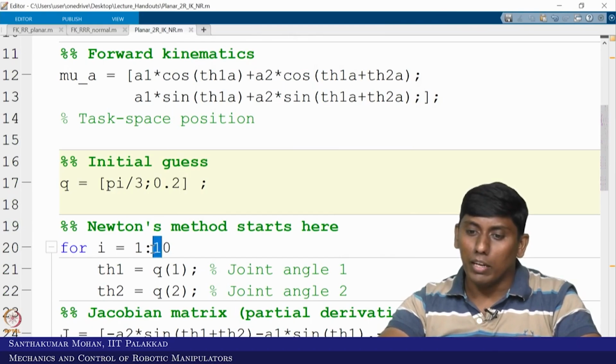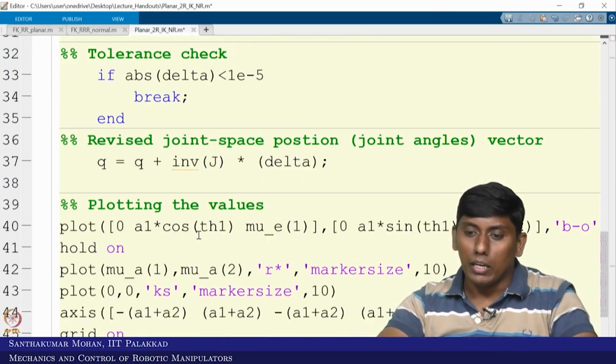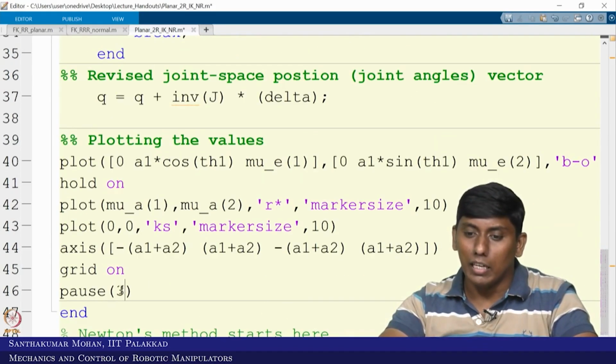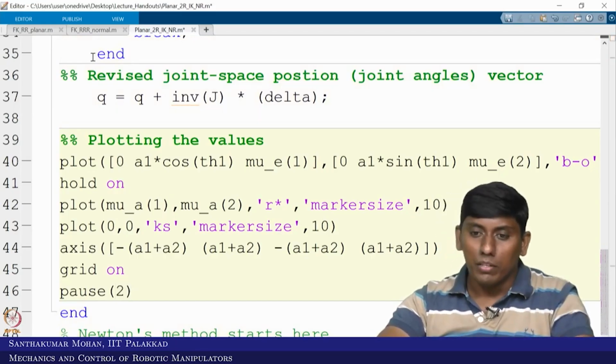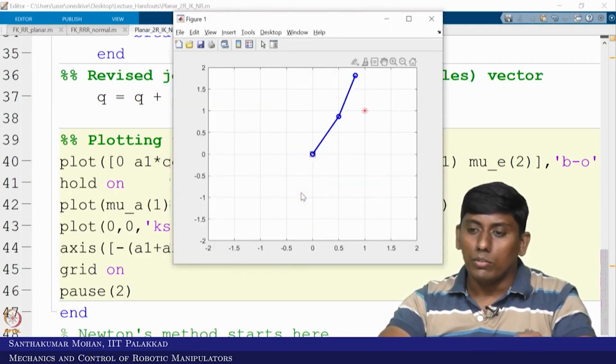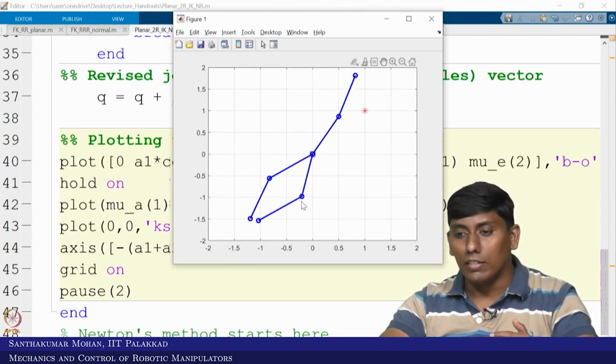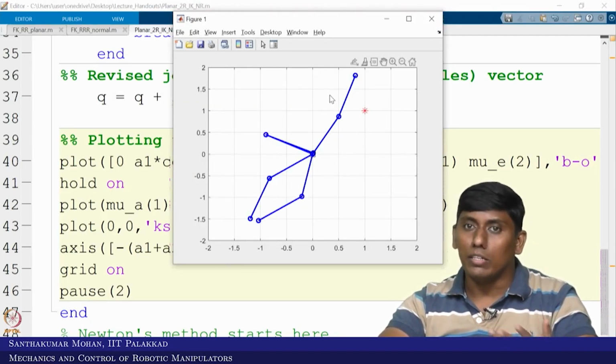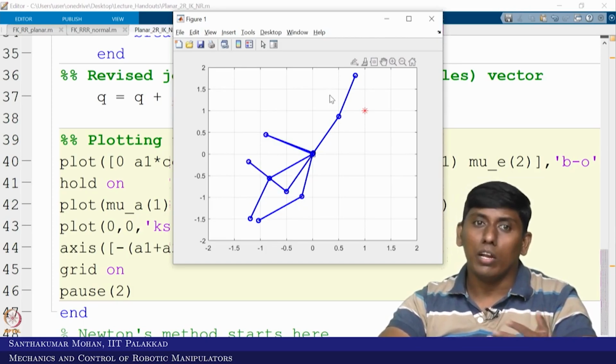So I will increase this, and I will make the delay probably 2 seconds. I am just running this, okay. So you can see this is the starting point, this is the next iteration, this is the next iteration, this is the next, and it keeps going again and again, okay. We can see whether it converges or not, because we increased the count, right.